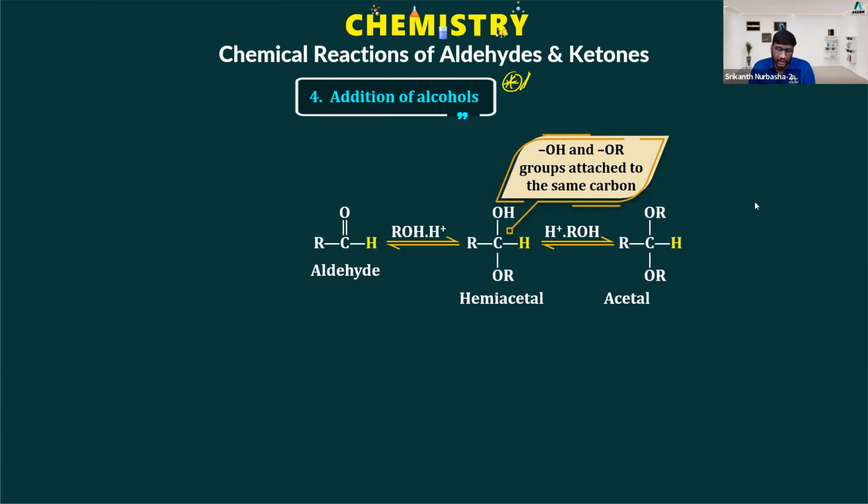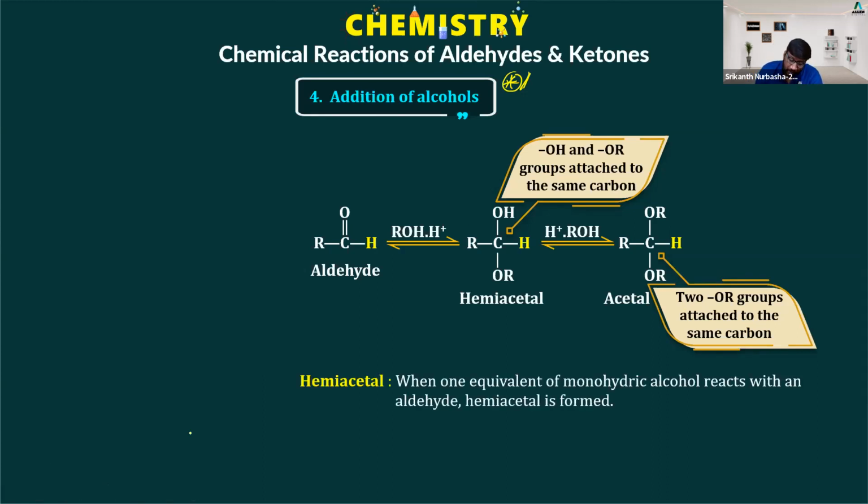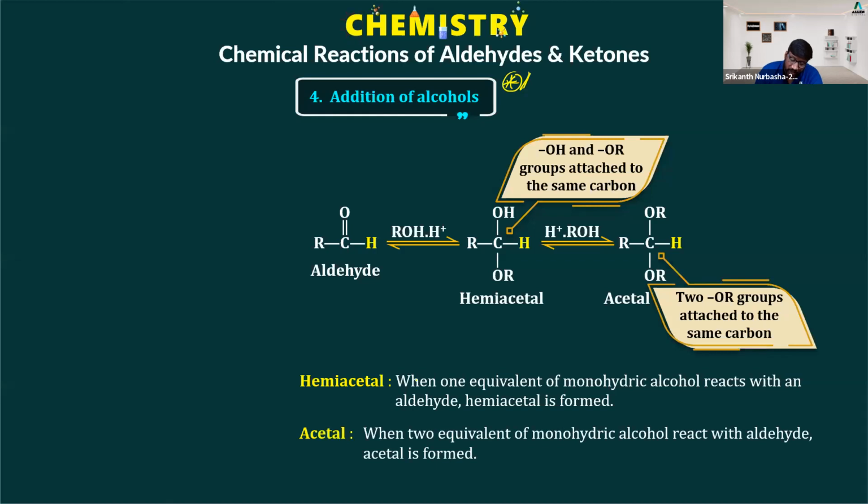Like that, we are going to have some questions. We'll discuss that. So in hemiacetal, OH and OR groups are attached to the same carbon. In acetal, two OR groups are attached to the same carbon. So how can the mechanistic approach be understood? Hemiacetal means when one equivalent of monohydric alcohol reacts with an aldehyde.